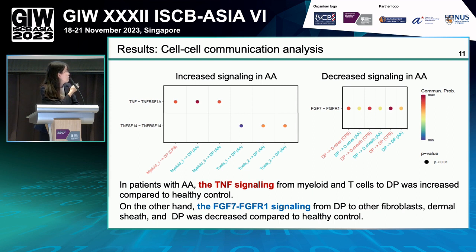The closer the dot color is to red, the stronger the signals. In patients with AA, the TNF signaling from myeloid and T cells to DP was increased compared to healthy control. On the other hand, the FGF7, FGFR1 signaling from DP to other fibroblasts, dermal sheath, and DP was decreased compared to healthy control.